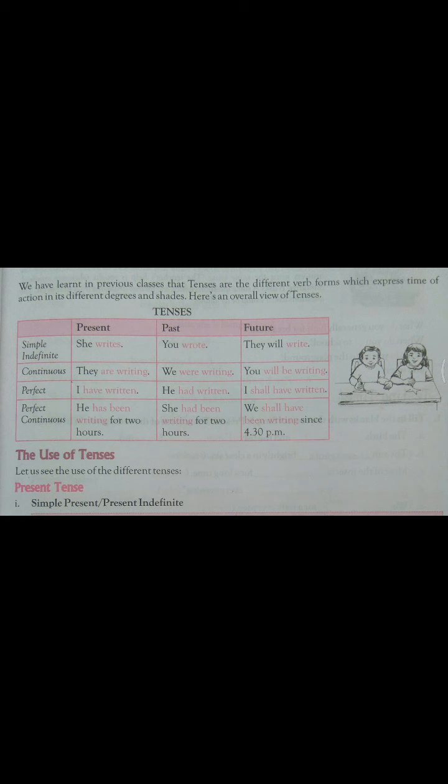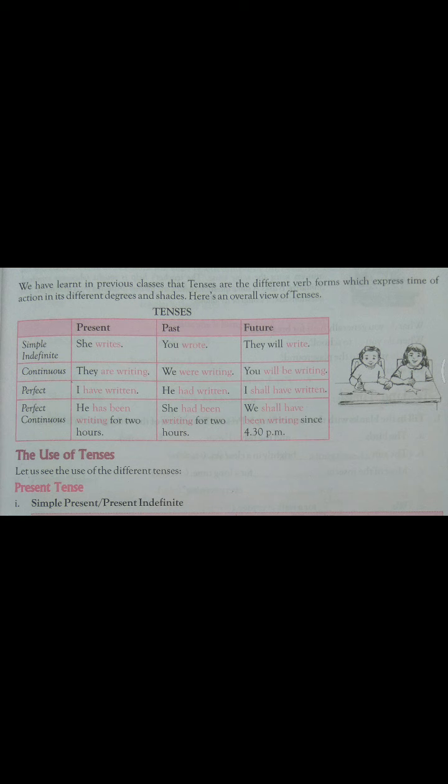Similarly, in the present continuous we use is, am, are plus the verb's ing form, and in the past continuous tense we use the helping verb was or were plus the verb's ing form.